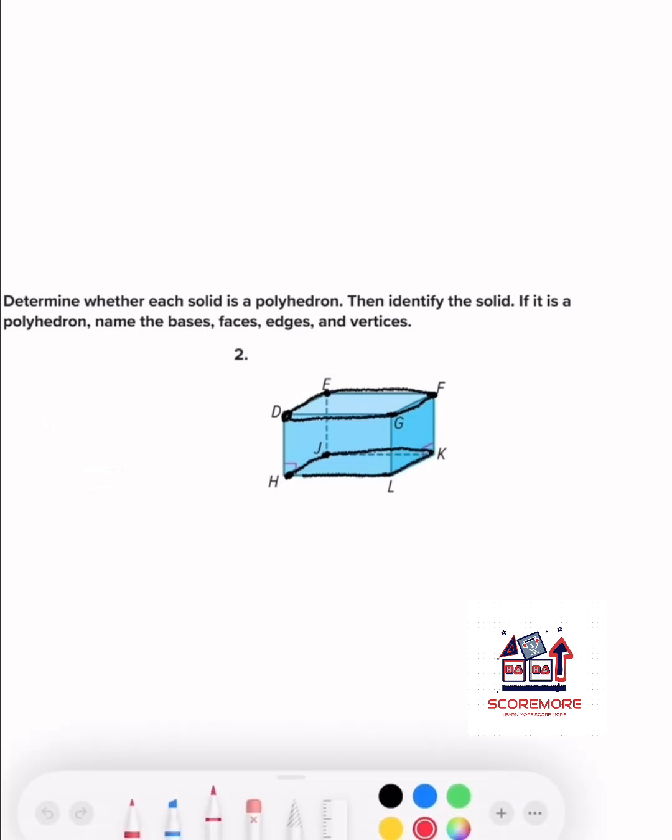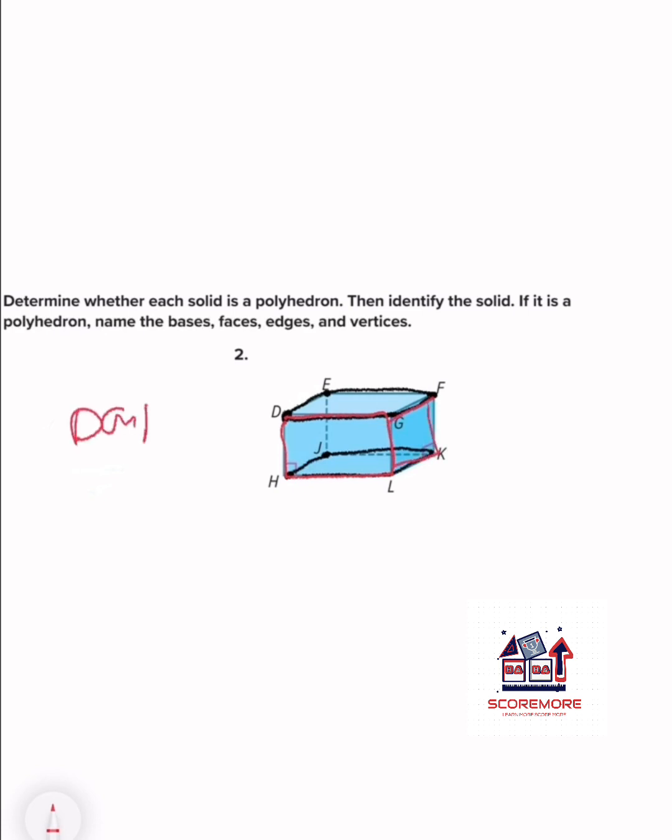So you choose another color. So the faces can be D, G, H, L, or we can write J, F, K, and L. Any faces you can see.